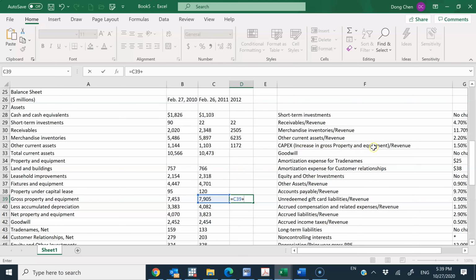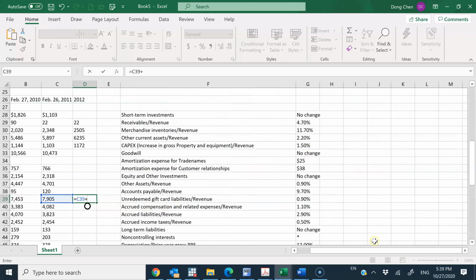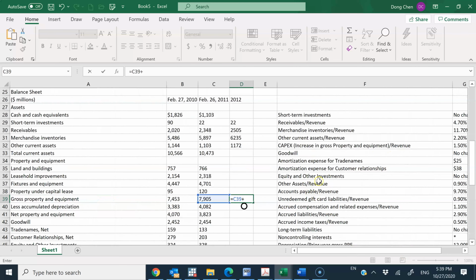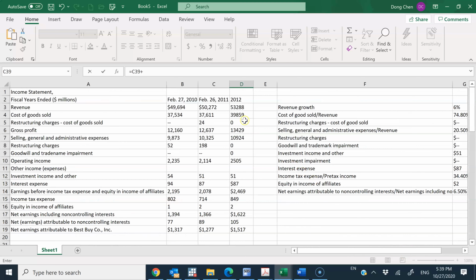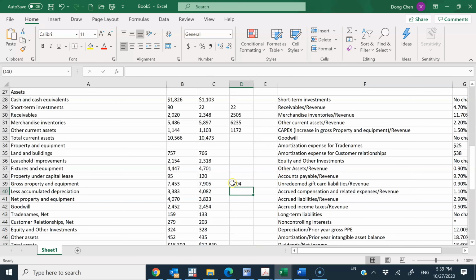So capital expenditure is further a fraction or percent of revenue. So we can use that information here. So it's going to be the new revenue times this fraction. And then we can put a round function around this, round to the whole dollar. So that's the new gross PE.